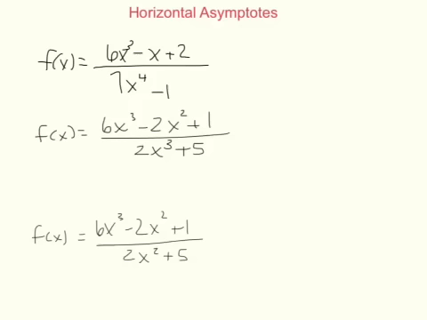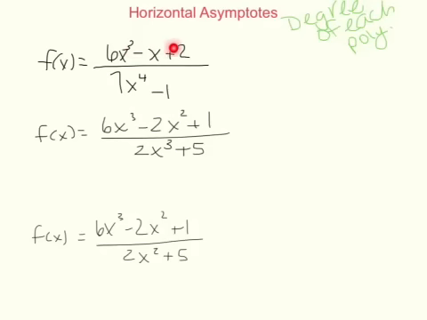Now let's talk about how to find the asymptotes and the holes on your rational graph. You're given a rational function, remember it's polynomial over polynomial. The first thing I would do is try to find the horizontal asymptote. It's the very first thing. And the way you do that is by looking at the degree of each polynomial.